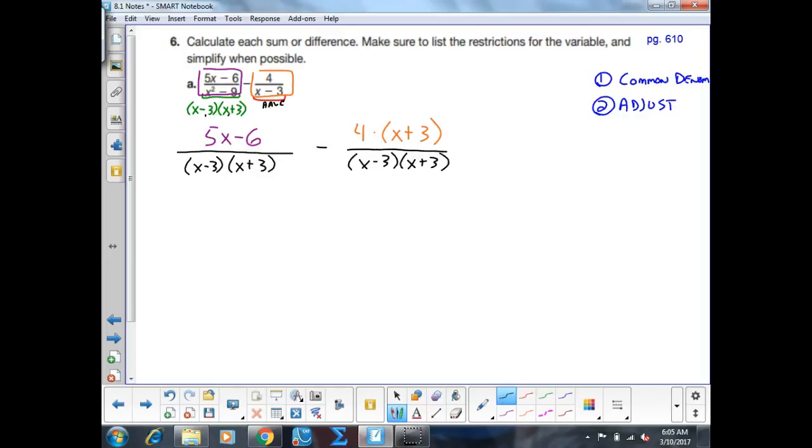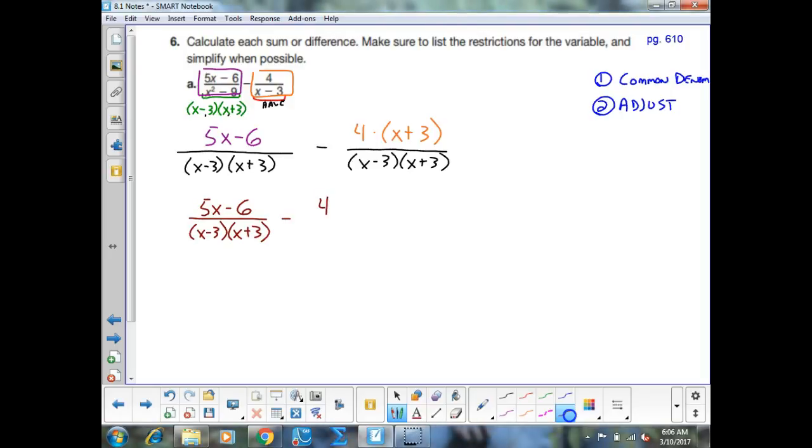So then this will become 5x minus 6 over x minus 3, x plus 3 minus 4x plus 12 over x minus 3, x plus 3.